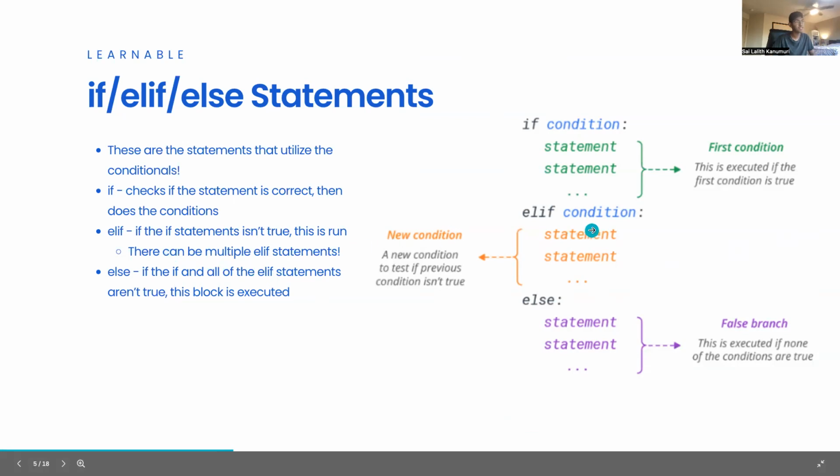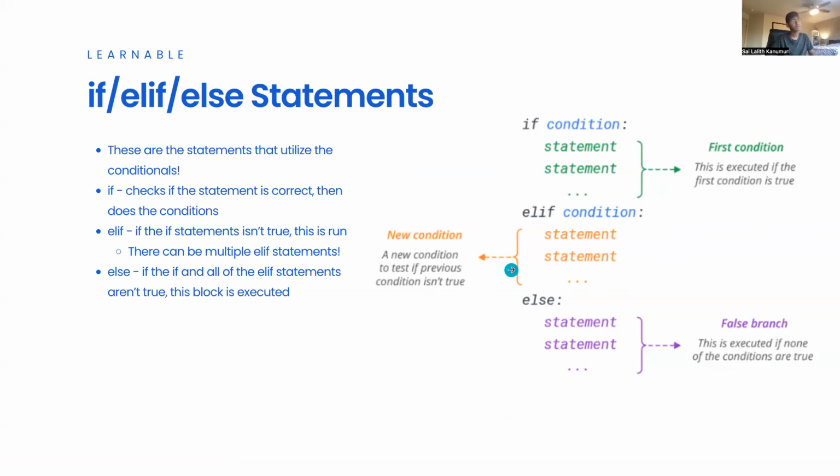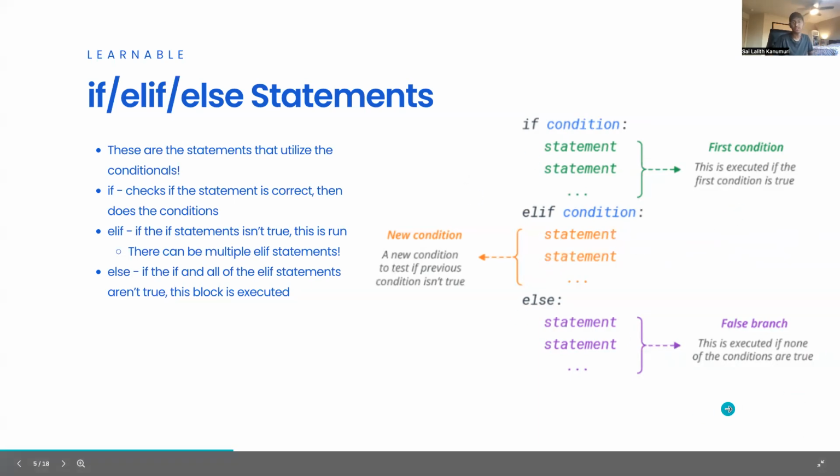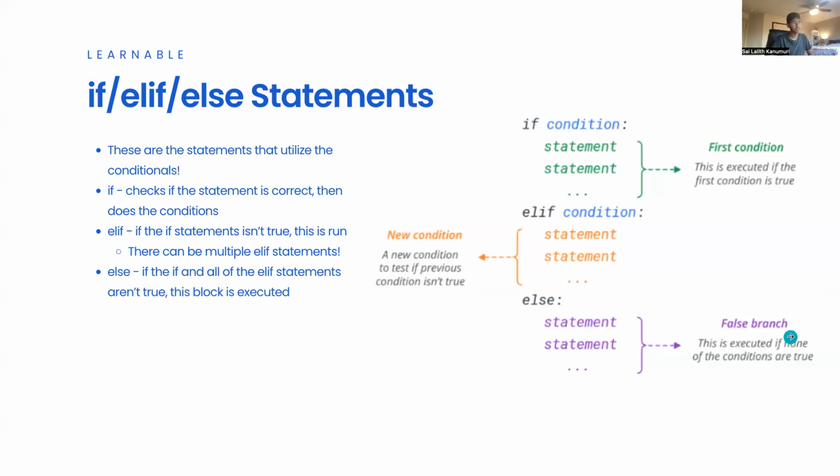The elif statement is optional, but if you do have one, the next thing to execute if the if statement is not correct is the elif statement. You can do as many elif statements as you like, and it checks each one until one is correct. Or if none of them is correct, you can have an else statement, which again is optional. With the else statement, if none of the above conditions worked, this will definitely run.